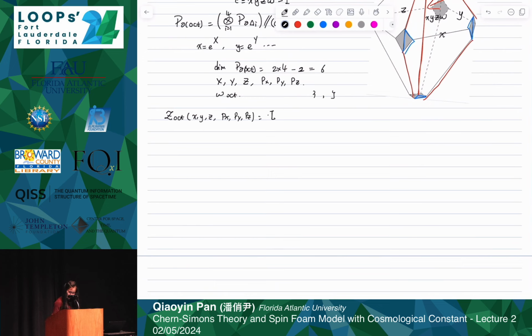It's just the product of the quantum dilogarithm functions, which is a function of z tilde, and then y tilde, and then a function of w, which is a function of X, Y, Z and pX, pY, pZ, and then w tilde is also a function of them. And this is the partition function of an ideal octahedron. And we will continue tomorrow.